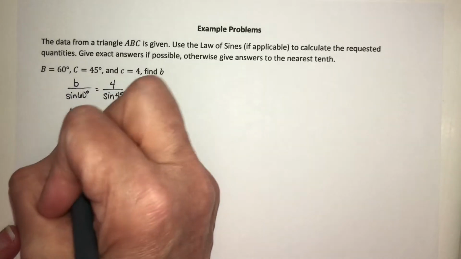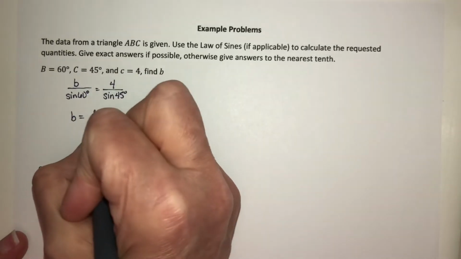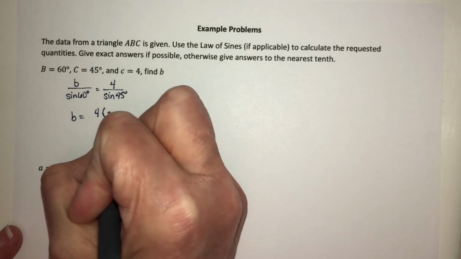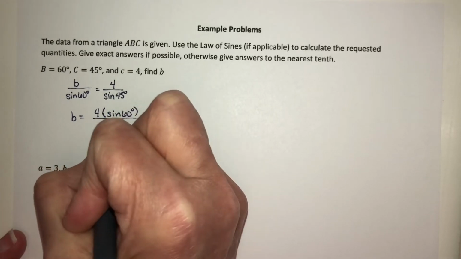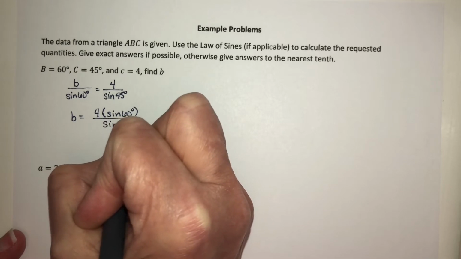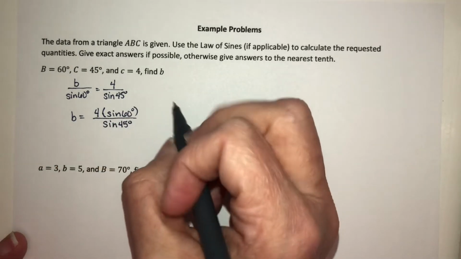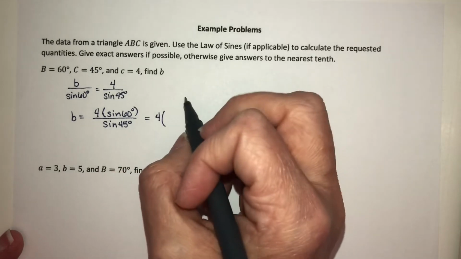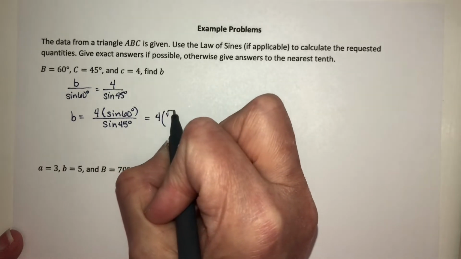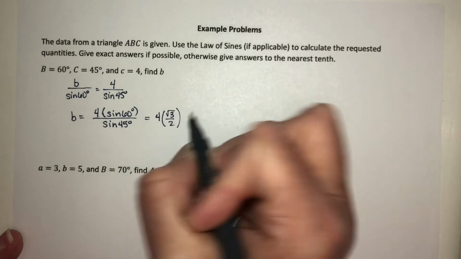Okay, so B is going to equal 4 times the sine of 60 degrees over sine of 45 degrees. And this will equal 4 times sine of 60 degrees, which is square root 3 over 2.